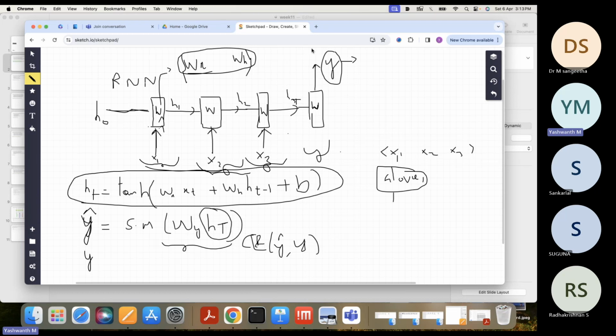If I want to make a gradient update on say weight W, and I have this H1, H2, and so on HT, if I put T as some 100, this Y is coming after 100 steps.